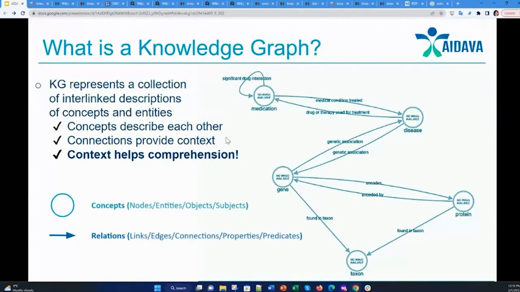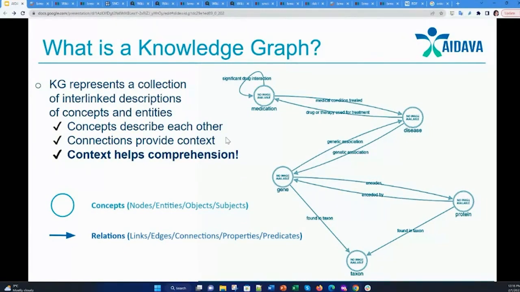Also, we call these concepts nodes, entities, objects, subjects. They describe each other in the knowledge graph and provide actually the basic concepts information.